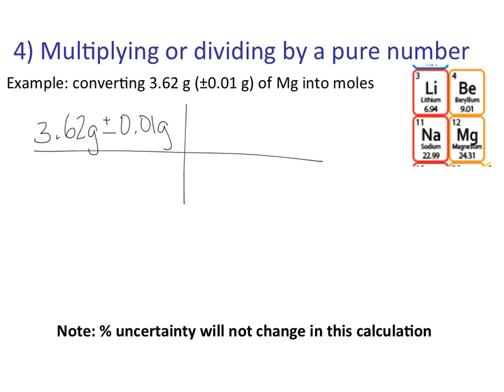We don't want grams of magnesium. We're trying to get to moles of magnesium. So we're going to divide by the molar mass. Our molar mass is right there, 24.31. In IB, you always want to take your molar mass to 2 decimal places.